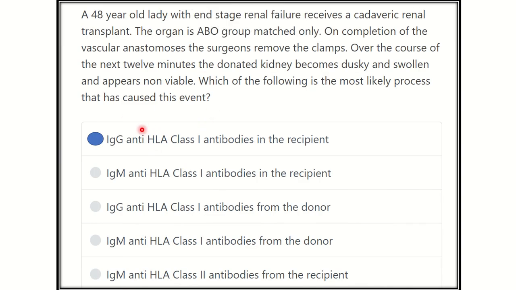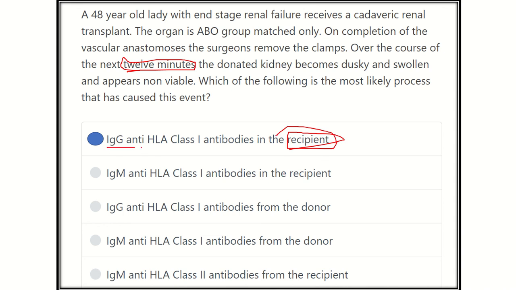our final answer is IgG anti-HLA class 1 antibody in the recipient, because though it occurs during the first 12 minutes on the operation table, this antibody was not formed within those 12 minutes. This antibody has been present a longer time in the recipient's body, from a long time ago.